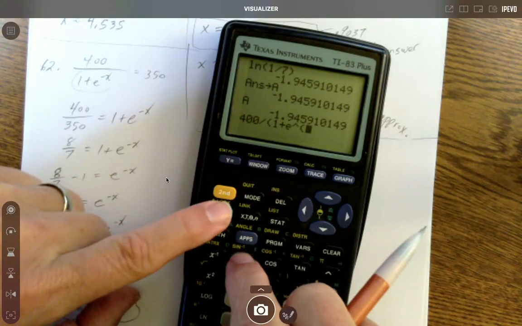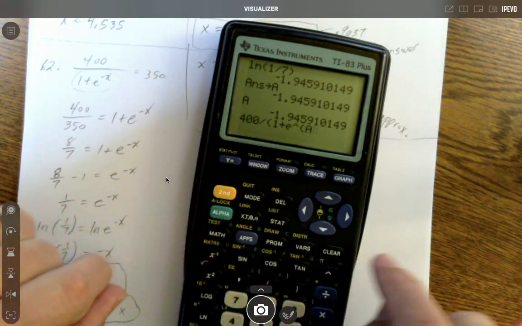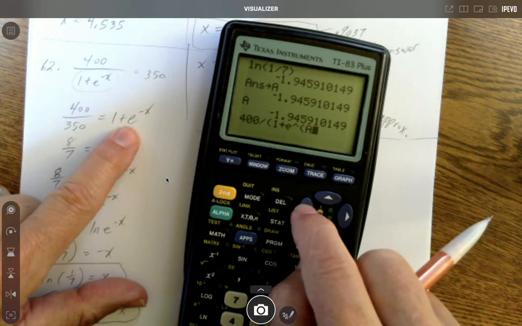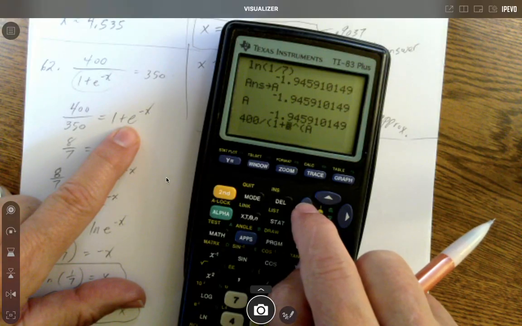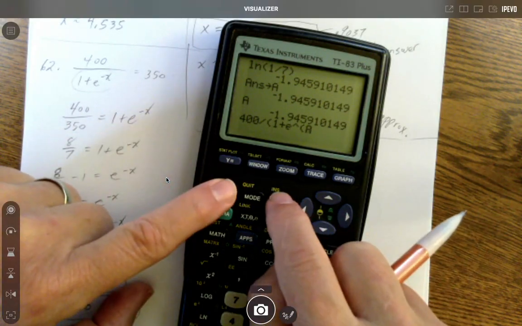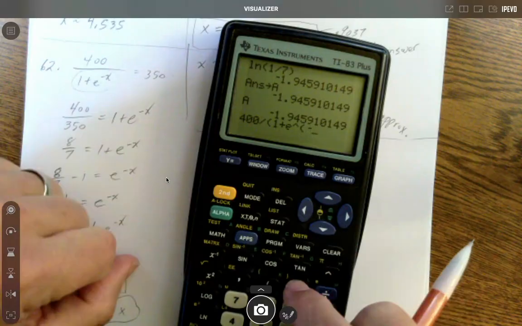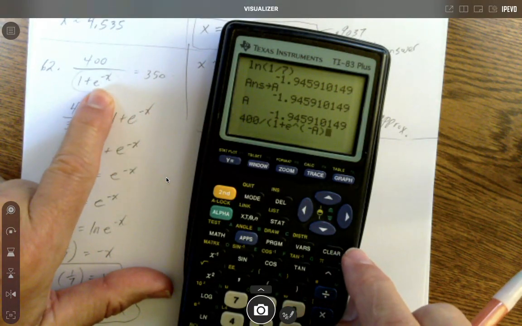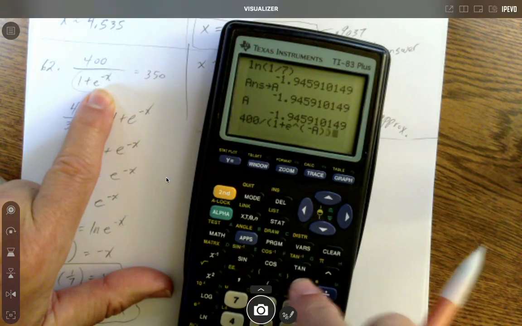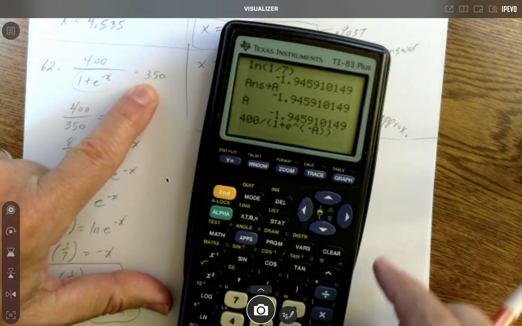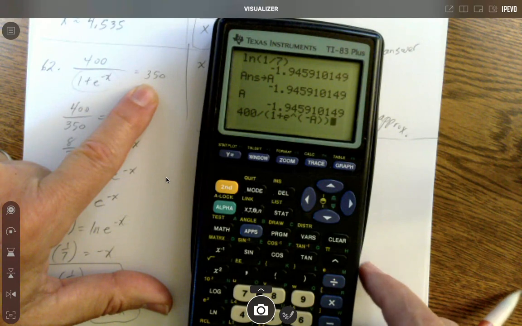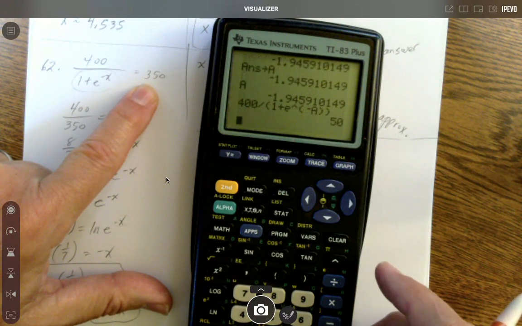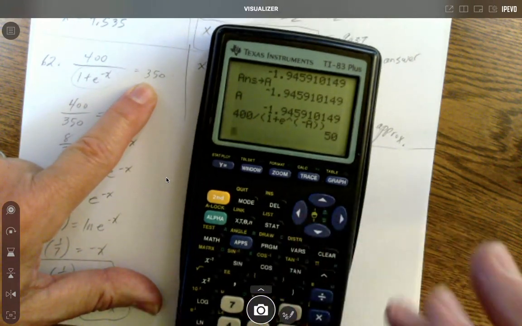And then I'll put in that number a. Right? Actually, it's negative, isn't it? So let me insert a negative in here. Okay. And if I did it right, I should get something really close to 350. Cross your fingers.